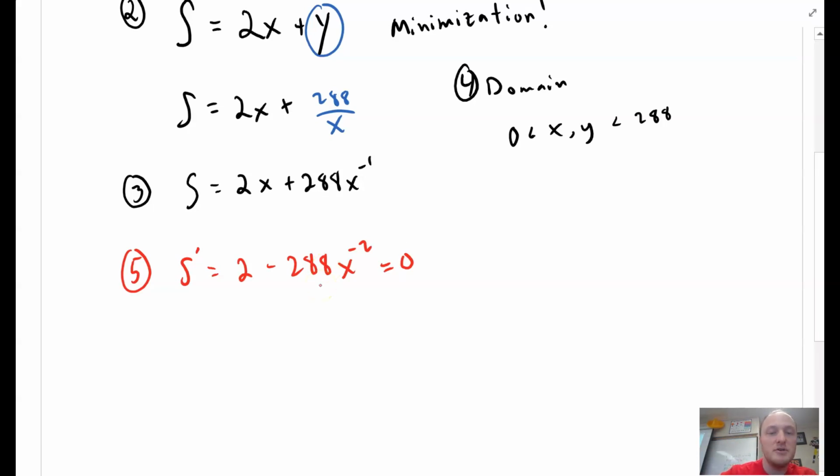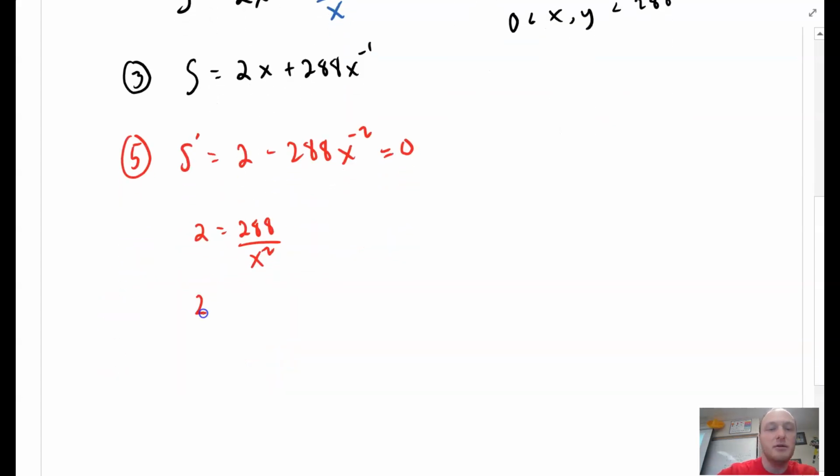So now I'll solve. I'll move 288 over to the other side. 2 is equal to 288 over x squared. Now I will cross multiply. 2x squared is equal to 288. Whoa, the lights went out. See what craziness I have to deal with.